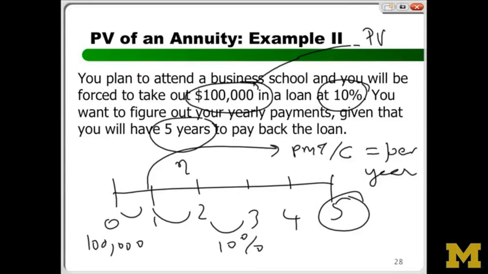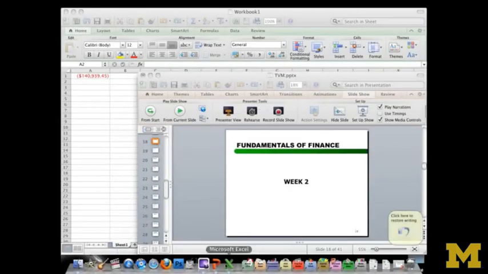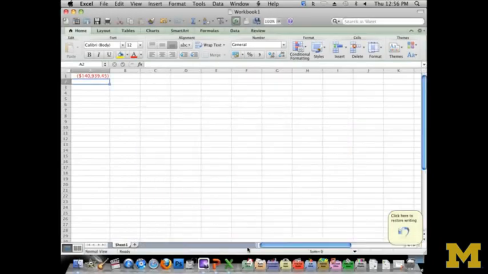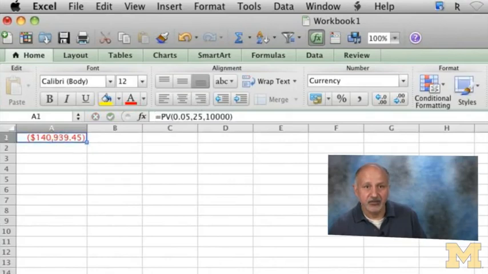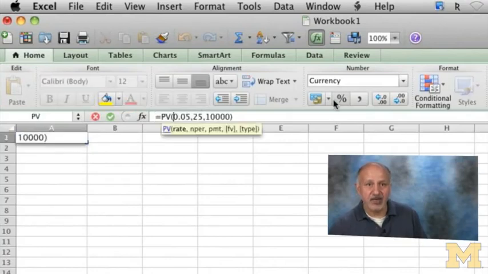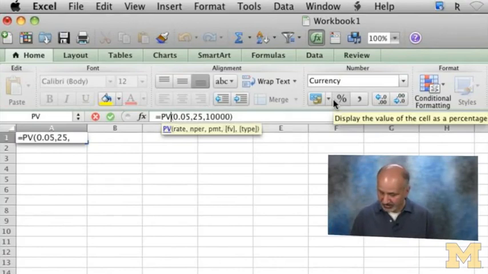Right? So let's do this problem. And to do this problem, I have to go to Excel, and I'm going to now try to do things a little quickly on Excel. So let's do it without screwing things up, obviously. So what was our problem now? I know my PV, and I'm going to calculate what?